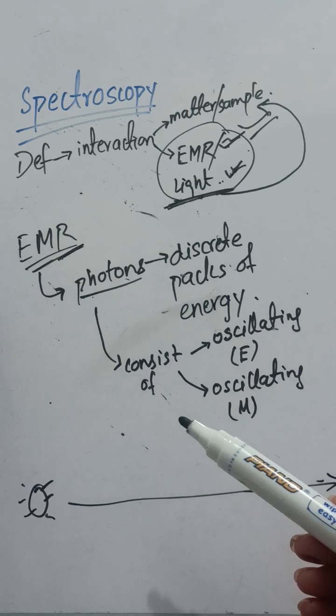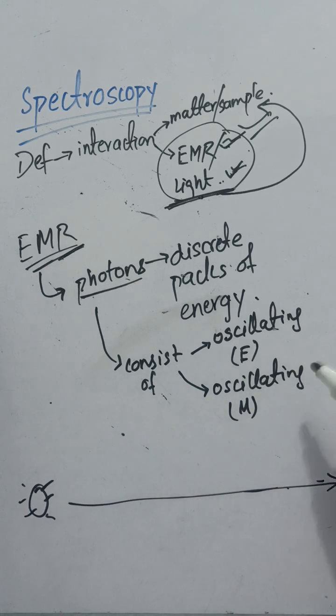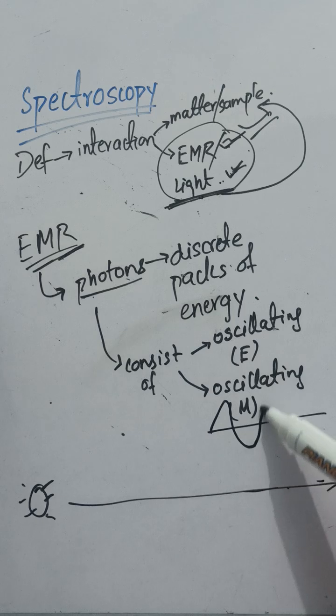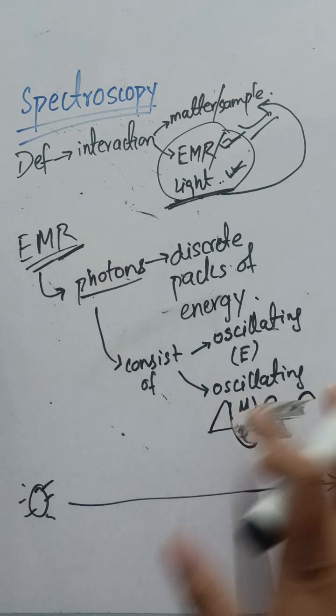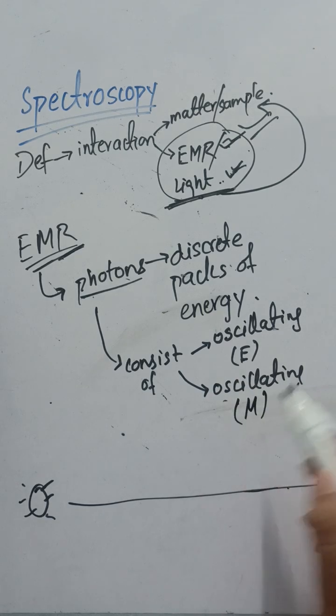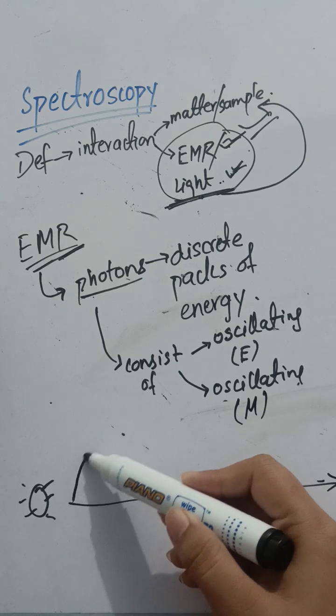How? First of all, these are oscillating, and a wave that oscillates always travels like this. So now first I am drawing the oscillating electric wave.